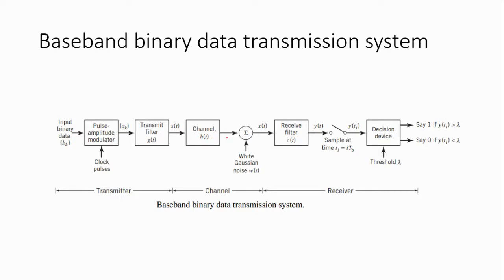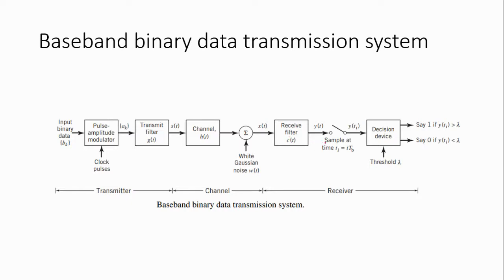In this channel, white Gaussian noise is added. On the receiver side, the receive filter receives the input signal, represented as x(t). x(t) is nothing but s(t) plus w(t), and it is given into the receive filter.